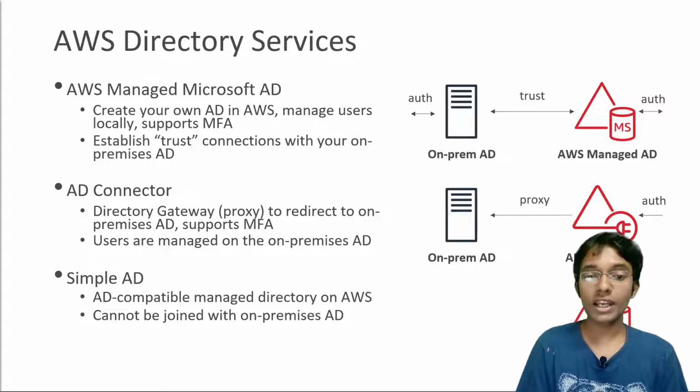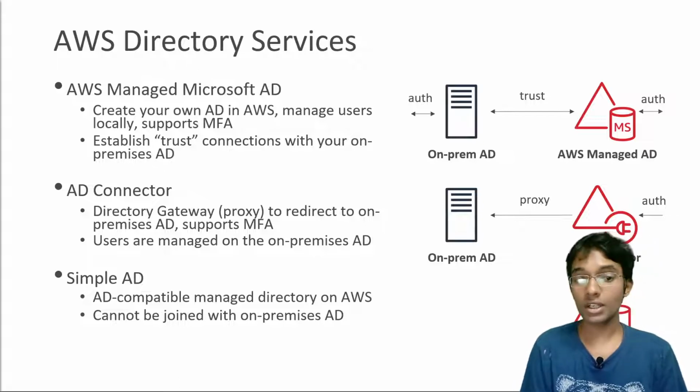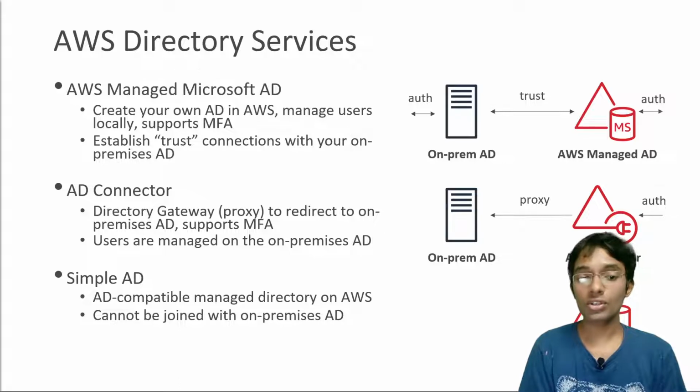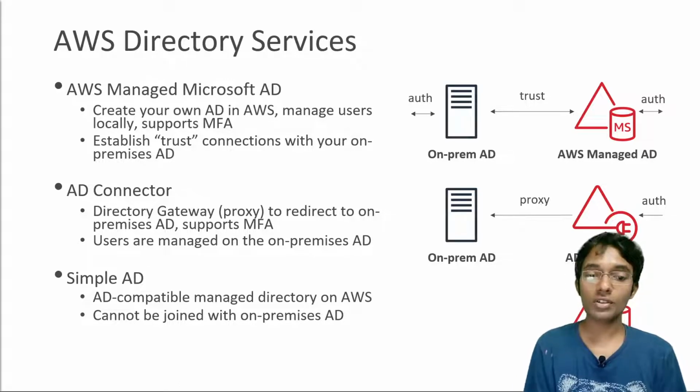I guess they name things differently, but anyway, this is a proxy to make the link from your cloud to your on-premises AD, and it supports MFA. The users are only managed in one place, which is the on-premises AD. So in this case, the authentication goes to the AD Connector, which is a proxy, and it gets proxied back onto the on-premises AD to get the response.